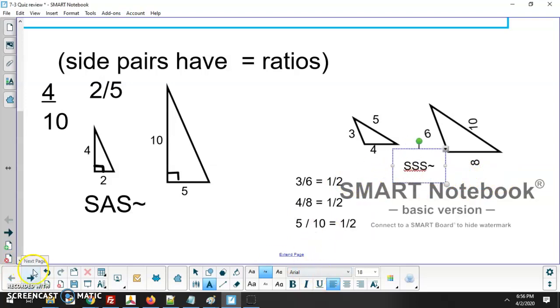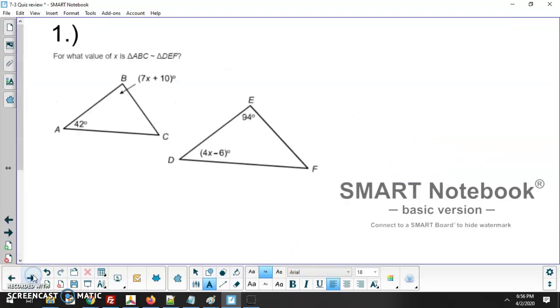Now let's look at your quiz and be a little more precise here. Looking at these figures, we know they are similar already. Since they're similar, the angles that are in the same position are congruent.